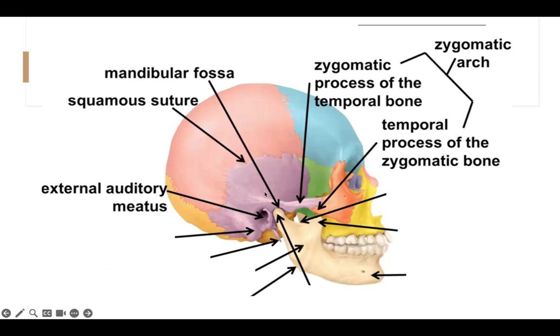Over on the temporal bone, we do have an opening called a meatus. Sometimes this is called a canal, but it is a meatus. Okay, this is the external auditory meatus. Sometimes it's even called external acoustic meatus. Both are fine. This is essentially your ear canal.